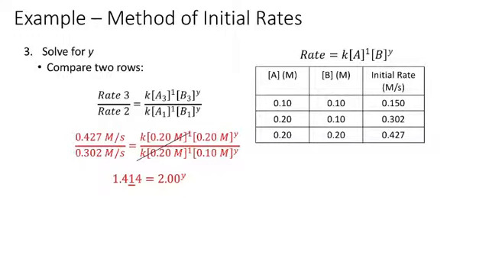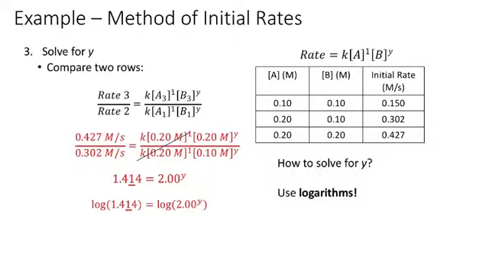This one is not as easy to solve as it was when we solved for x. We probably could do this by trial and error, but that takes a lot of time. Instead, let's use logarithms to help us out. If we take the log of both sides, then the y exponent on the right will actually come out in front of the log.